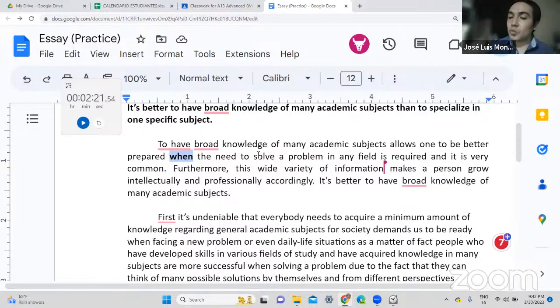And even though it's one sentence, this one sentence is composed of two complete ideas that we call two clauses, right?